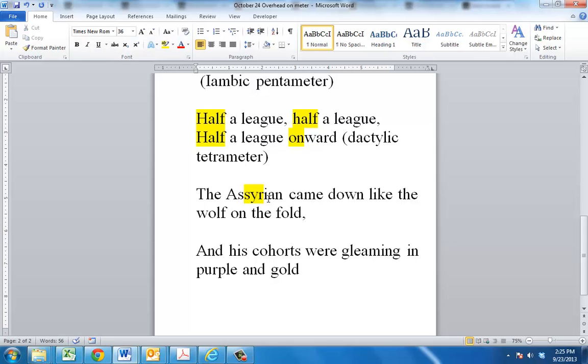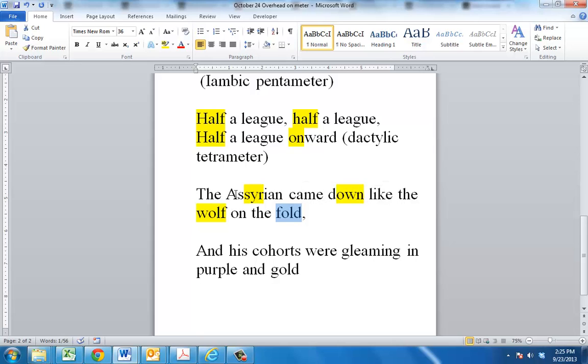And this is one of those words where when you hear it pronounced, it sounds like 3 syllables, although technically you could pronounce it with 4. The Assyrian, but most of us pull those together into the Assyrian came down like the wolf on the fold.